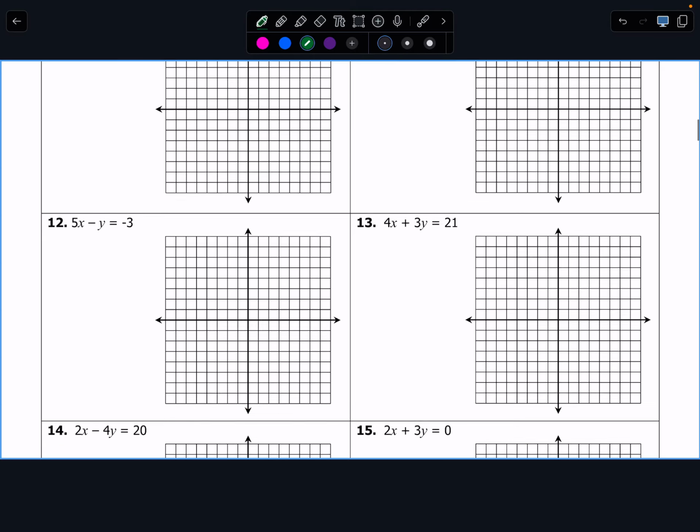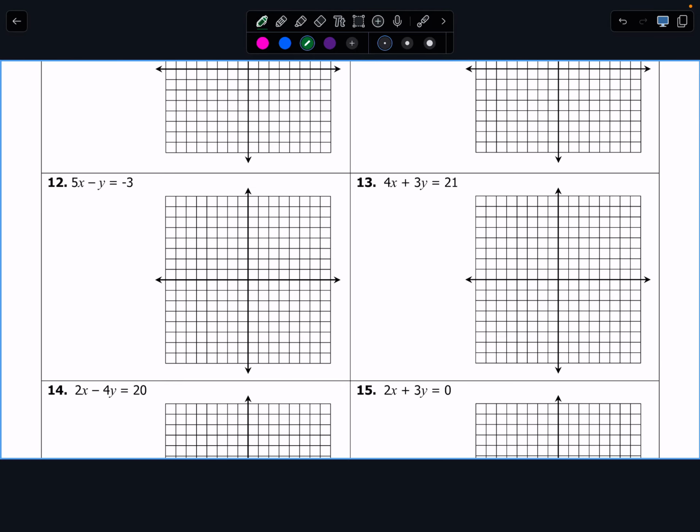Now, all of these that are here are really good for changing into slope-intercept form, meaning I would subtract, if I look at 12, subtract both sides by 5x. So I get -y is equal to -5x minus 3. Divide everybody by -1. So I get y equals 5x plus 3, and then I can graph from there.